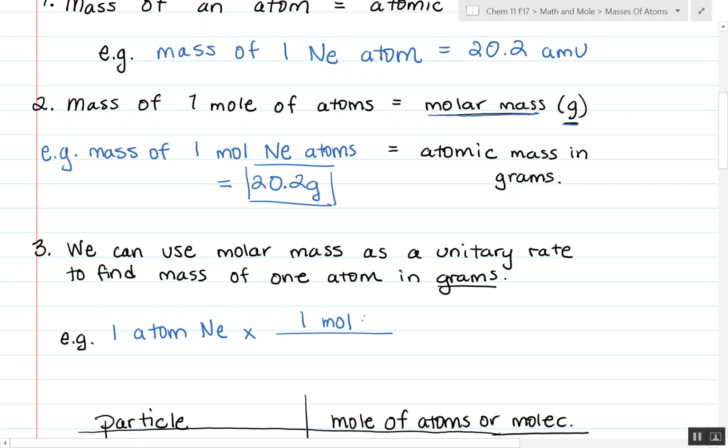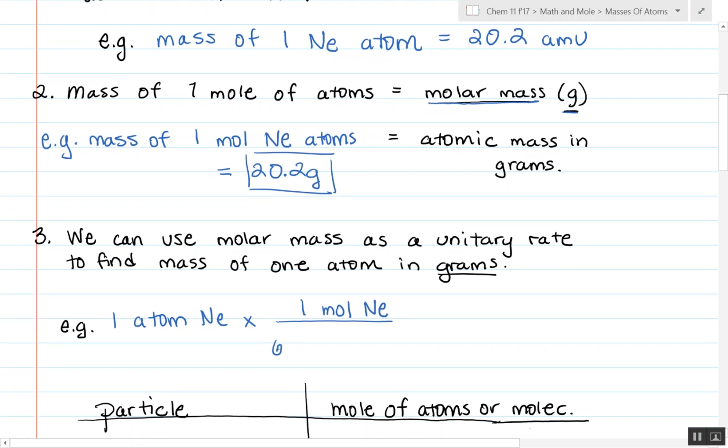So 1 mole of neon, there are 6.02 times 10 to the 23 atoms of neon. So I've converted atoms into moles.